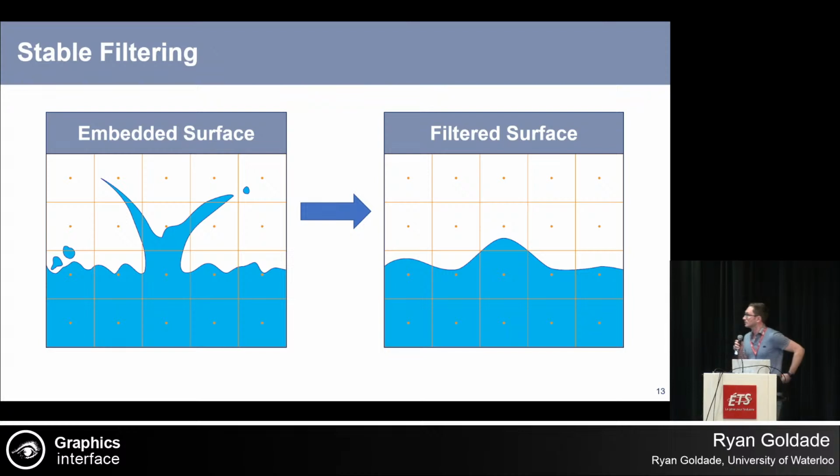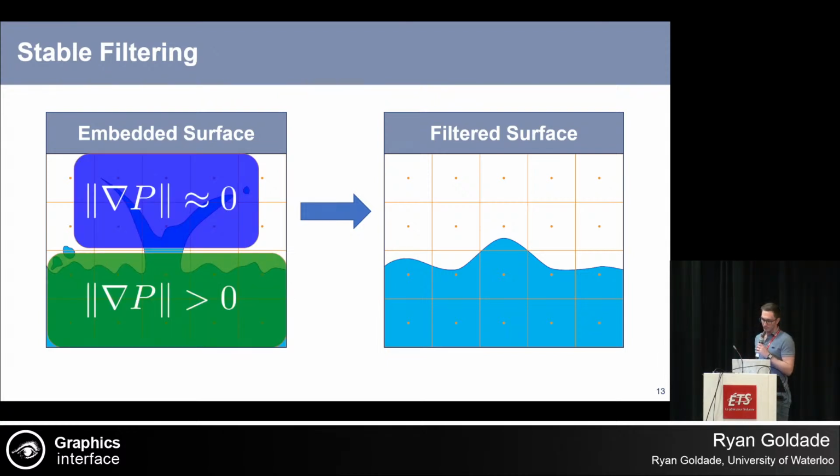Okay, so to explain the method, if I just took an embedded surface here and I just ran some sort of filtering on it, I would get this smoother surface, but I would lose all the detail, and this is the whole point of having the embedded surface. And so we identified that in the ballistic splashing regions, you get pressure gradient magnitudes that are really low, and in the bulk fluid, you get pressure gradient magnitudes that are much higher. So we can actually do a targeted filtering.